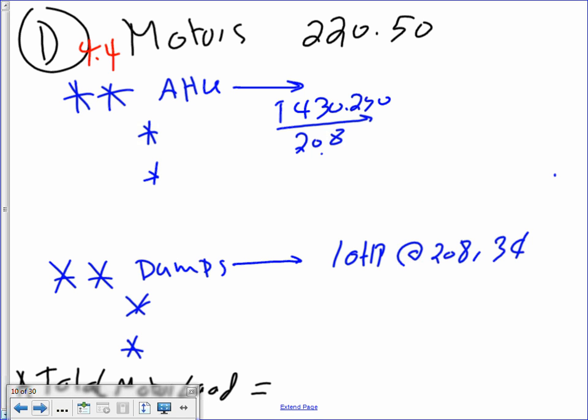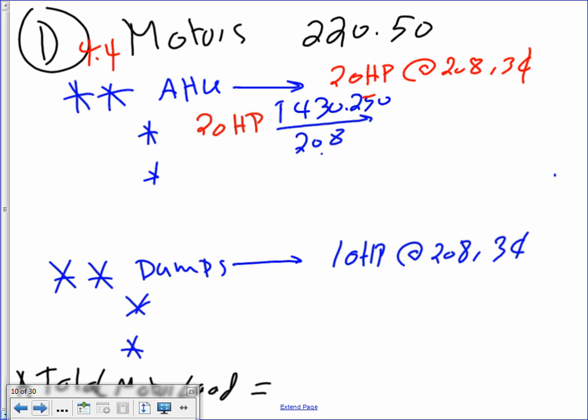Motors. I have air handling units. For the air handling unit, I have 20 horsepower at 208 three-phase. That's what I'm giving, and I believe I have two of them. Two air handling units. So if you take the 20 horsepower, you go to 430.250.